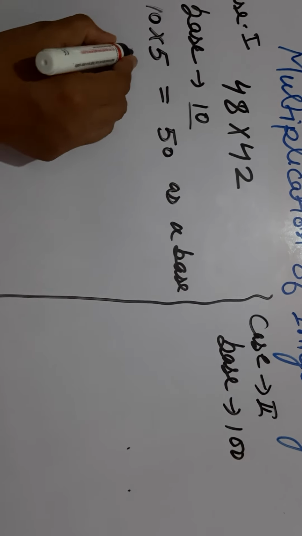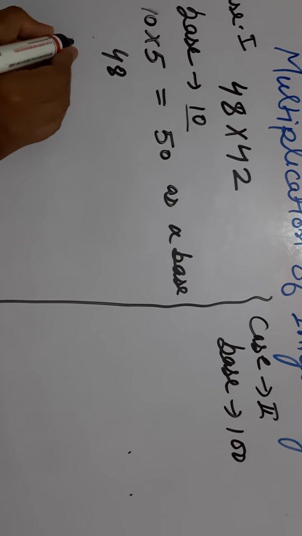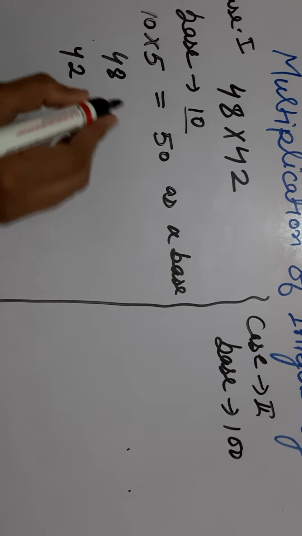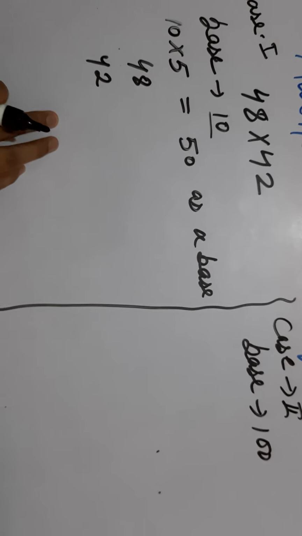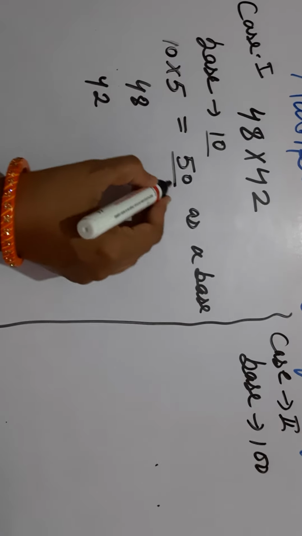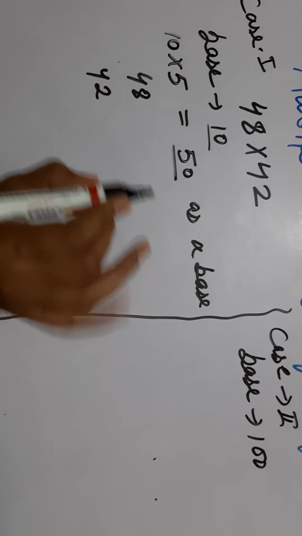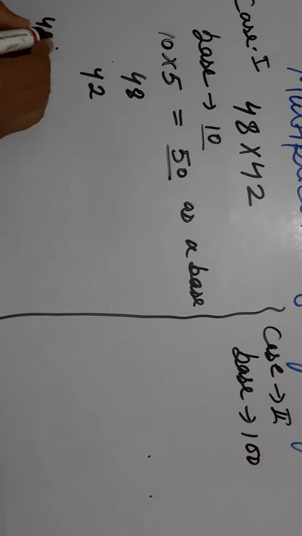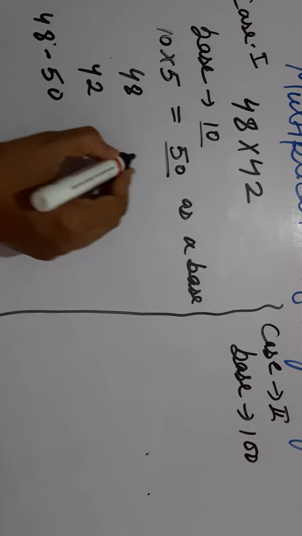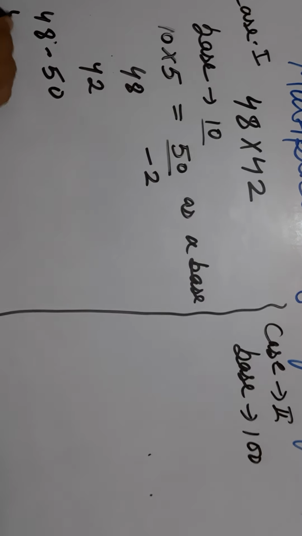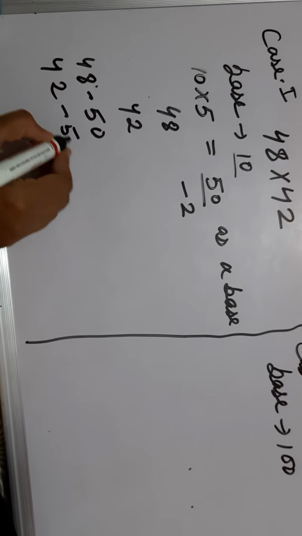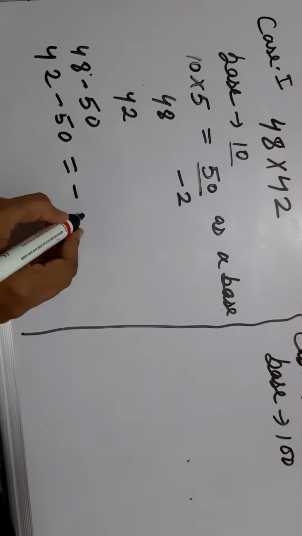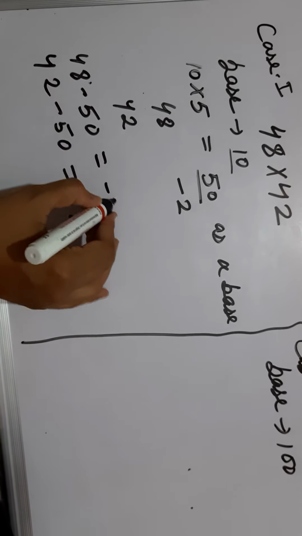We write two numbers separately, number value minus base value, as we were doing before. Here we take 50 as a base. So 48 minus 50 is minus 2, and 42 minus 50 is minus 8.